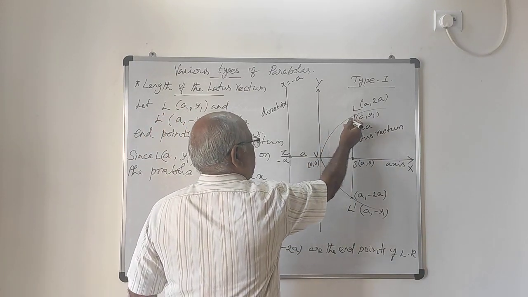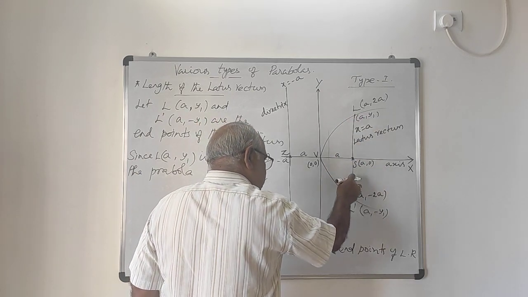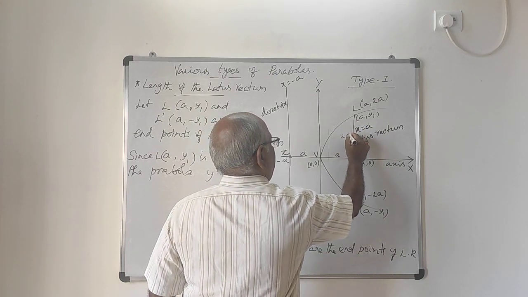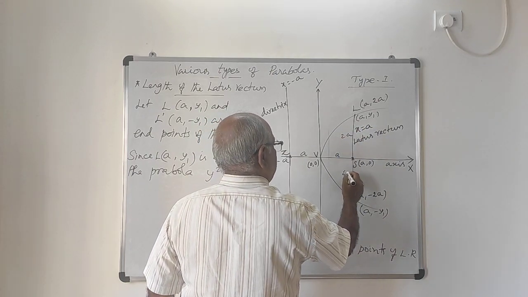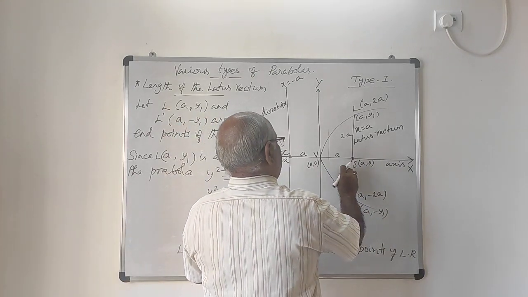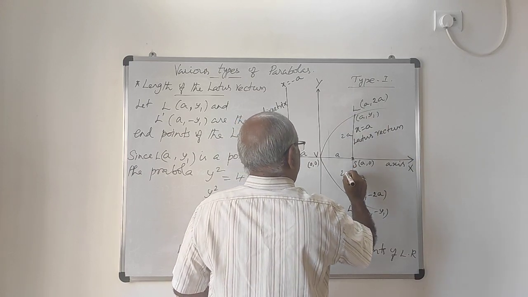The distance upward is 2a, and similarly the distance downward is also 2a. SL is 2a, and SL dash is also of length 2a.